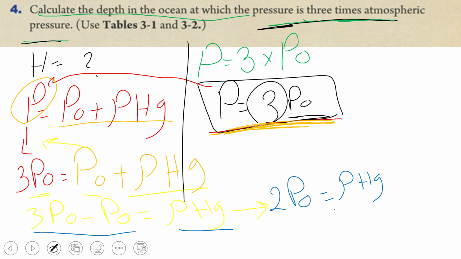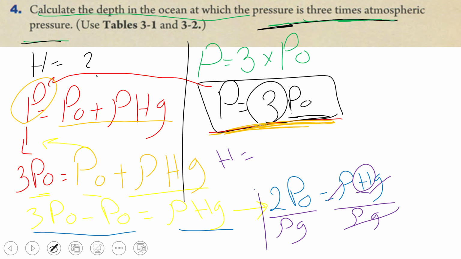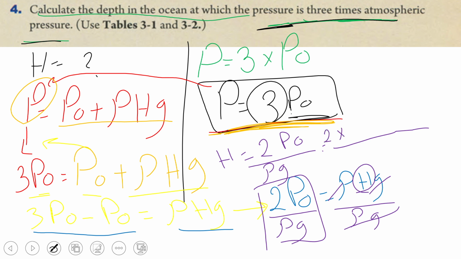To find H, divide both sides by rho G, and all will be cancelled. H is left. Write down H, which is equal to 2 P naught over rho G. 2 times P naught is 1.01 times 10 power 5, over the density of the ocean.